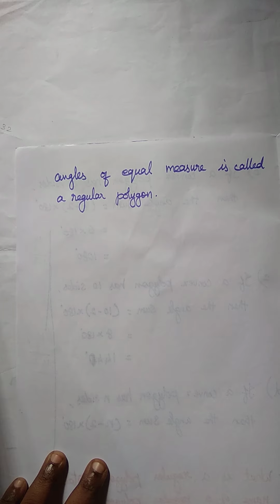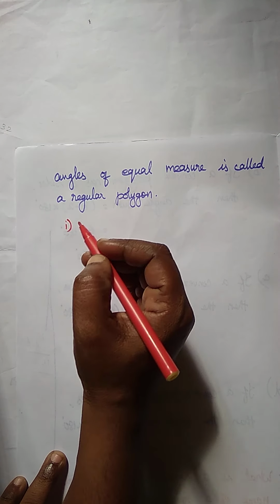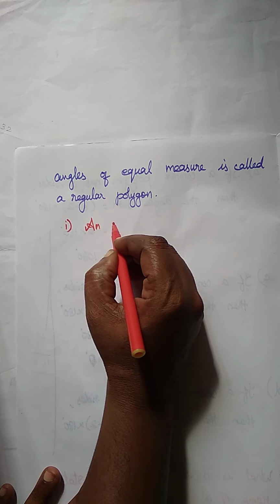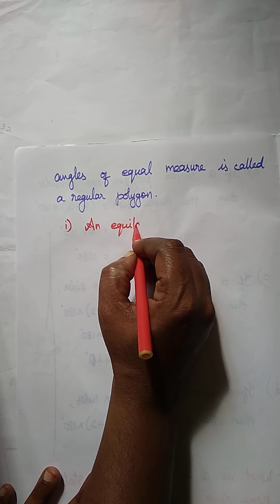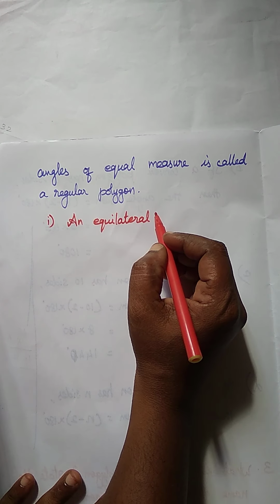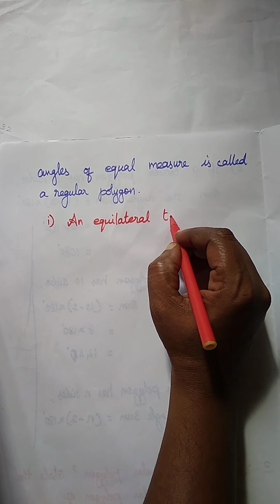Okay, next. What is the first question? 3 sides are equal. So the answer is an equilateral triangle. Is it correct or not? Equilateral, all the sides and all the angles are equal.